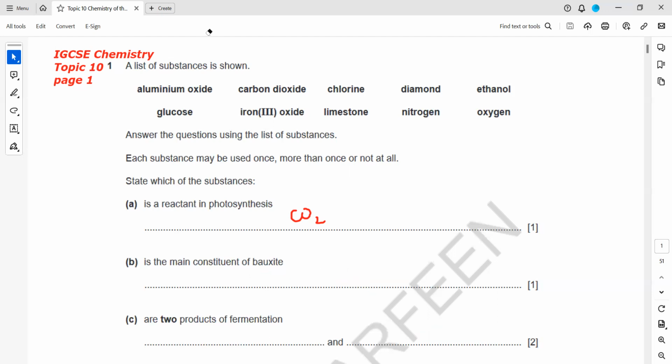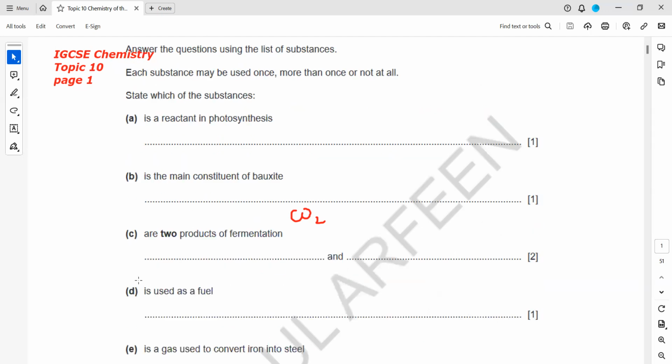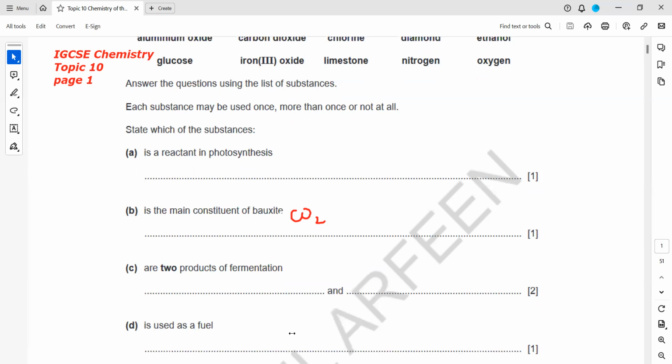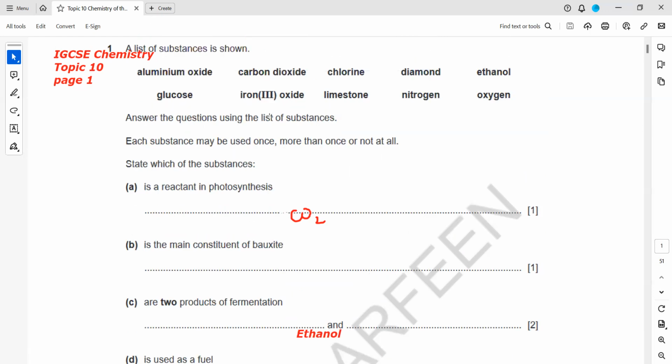Then we have part D, use as a fuel. Which substance can be used as a fuel? Good. The substance which can be used as a fuel is ethanol. Hydrogen is not given as an option. So in this list, you have to use from the list.